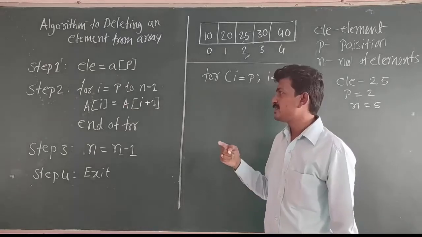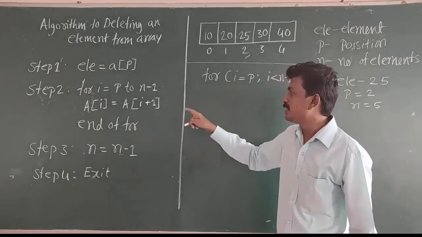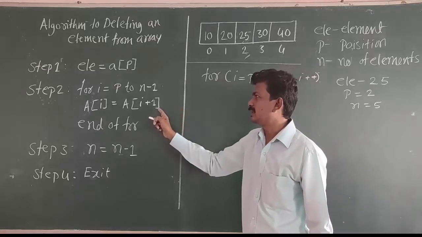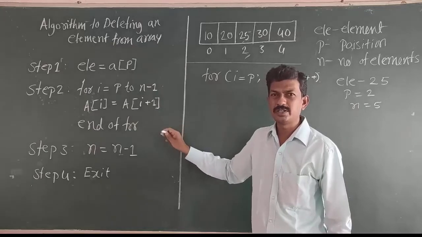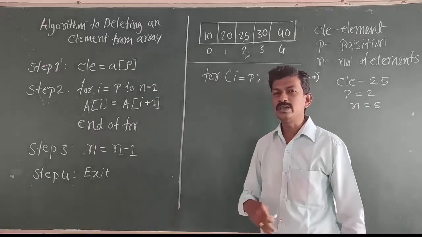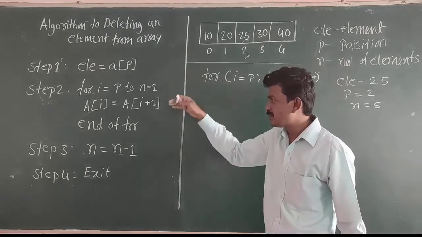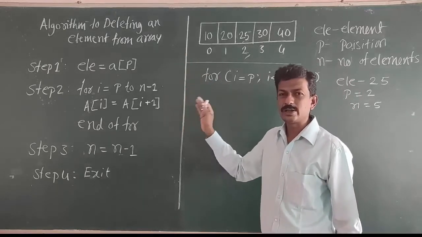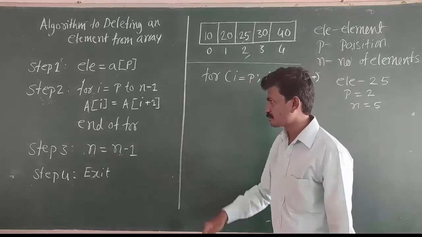While discussing insertion into a given array, we saw the same thing: A of I plus 1 equal to A of I, which is exactly the same. In insertion we increase the array index value, whereas here we decrease it, moving the subsequent values into their previous index value.